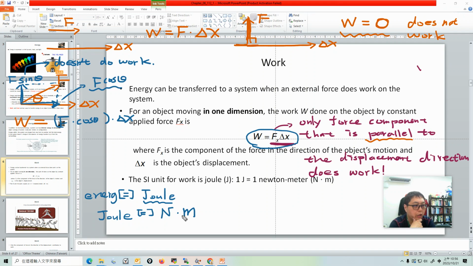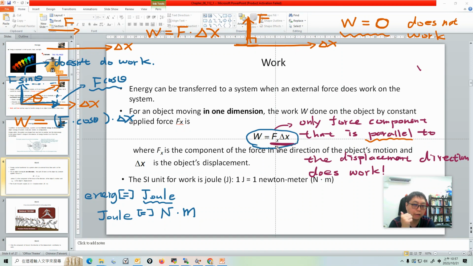Okay, so this is the very simple description of work, which I believe is also taught in your high school. And the next line is, we need a more general expression of this formula, because in reality, or in more complex cases, we need to use vectors to express this equation again.